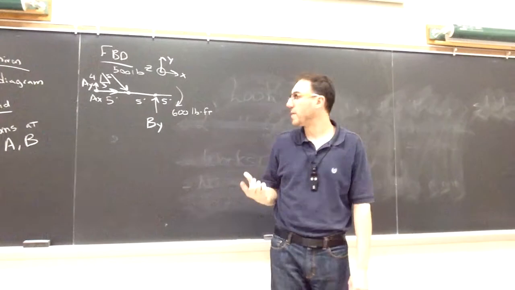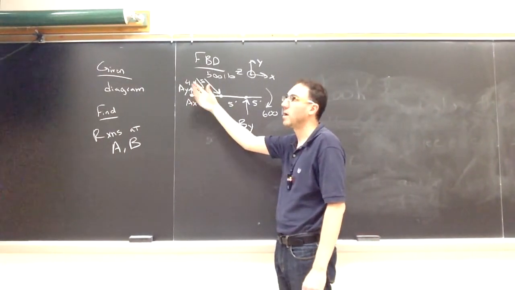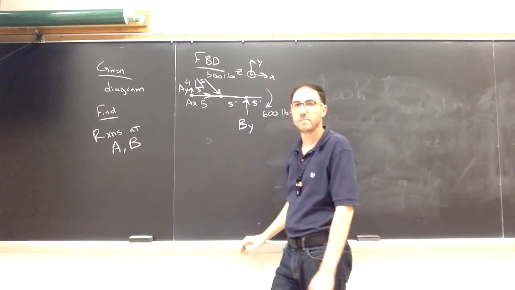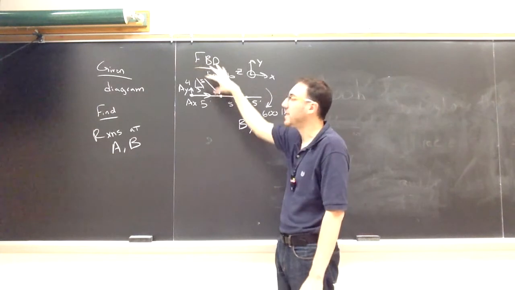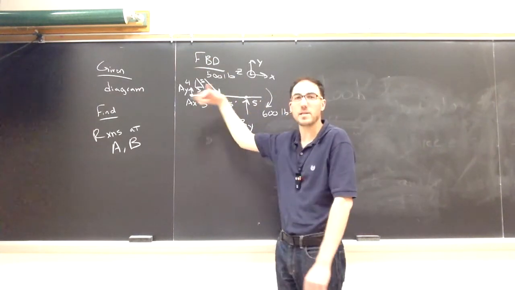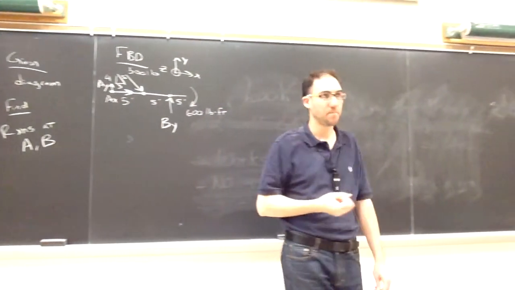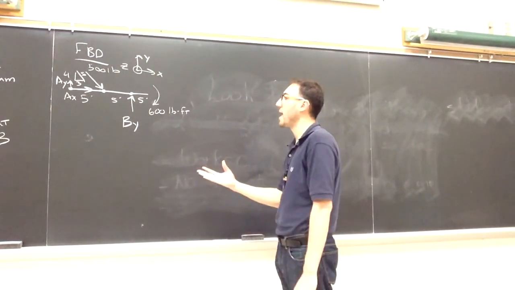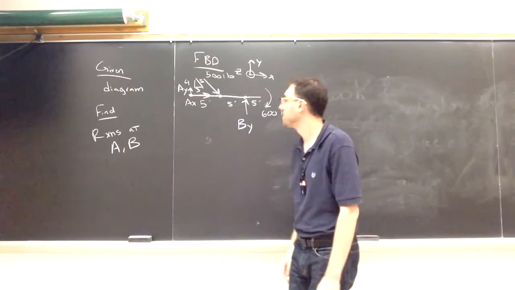And the last motion we have to consider at A is, can the beam rotate at A when it's pinned there? Right, at least a little bit. So here, when it's pinned there, we can rotate that beam around the z direction. It does not prevent that, so there is no couple at A. So looking at our free body diagram, we have three unknowns, AX, AY, and BY.